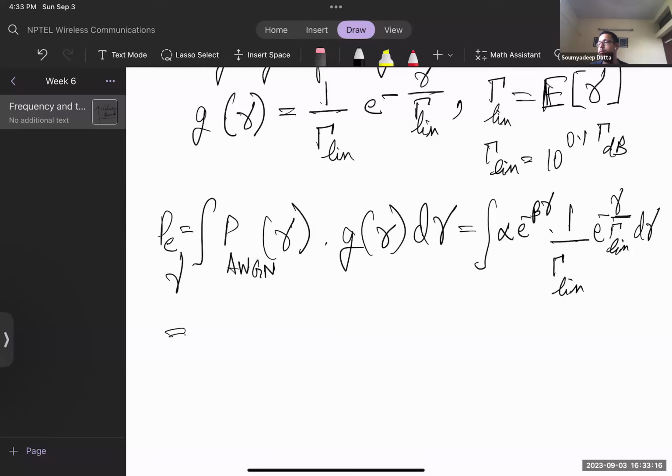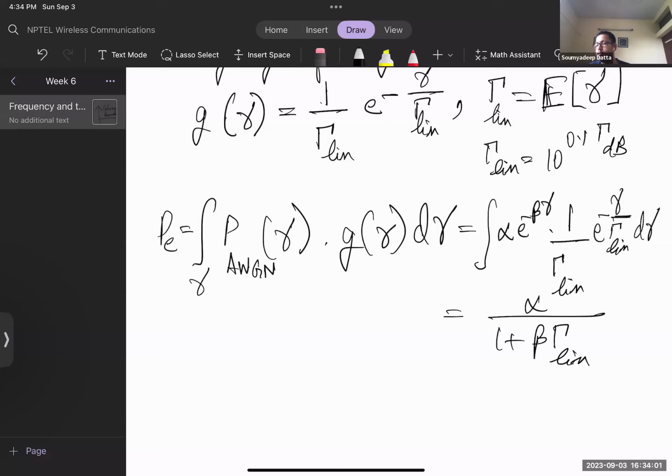So can somebody tell me the answer? Simple integration exercise, I think. I think it should come to be alpha divided by 1 plus beta times gamma linear.